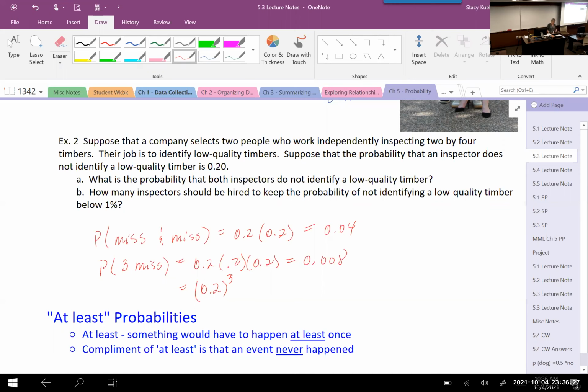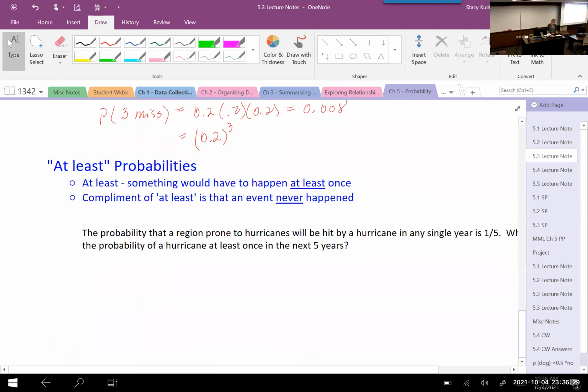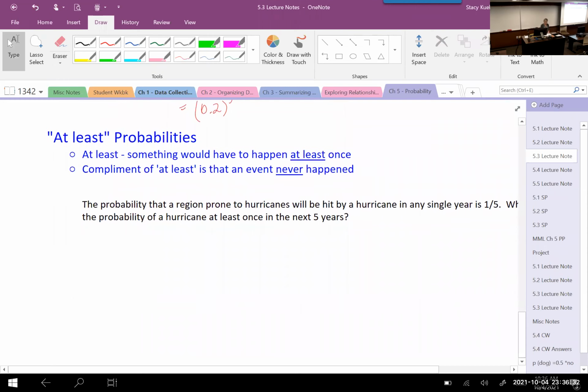Okay? So that brings us then to this last part here, this at least probability. So when we think of at least probabilities, this is a little wiggle room here, right? If I have something that happens at least once, then it would happen one or more.